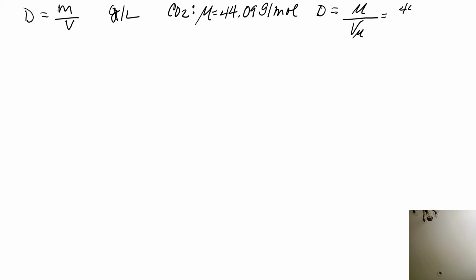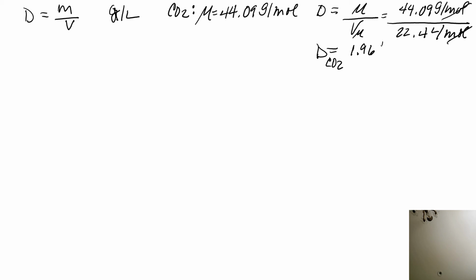So that is 44.09 grams per mole divided by 22.4 liters per mole. Remember, the molar volume of any gas at STP is 22.4 liters per mole. So moles cancel, and the density then of CO2 at STP is 1.96 grams per liter.